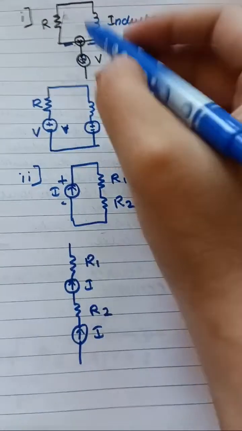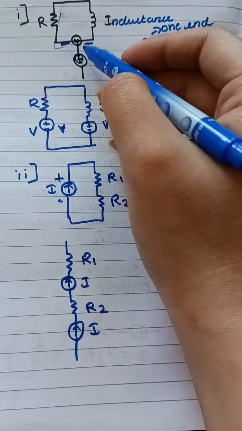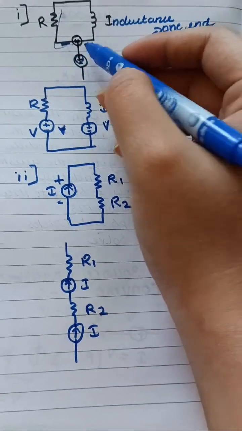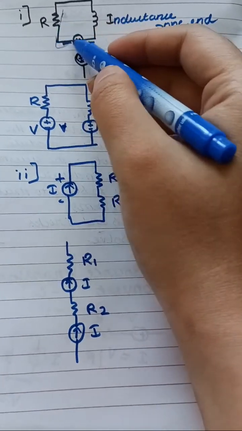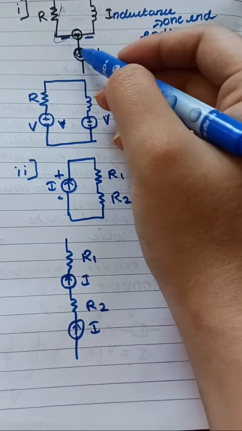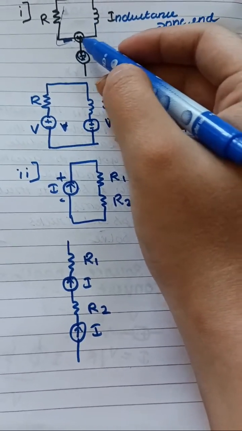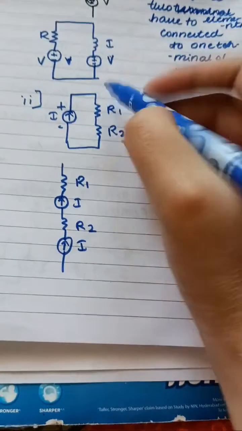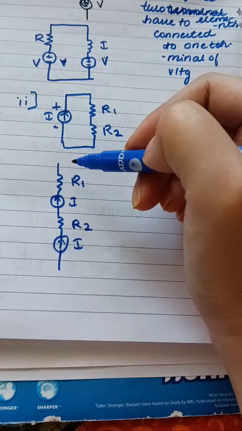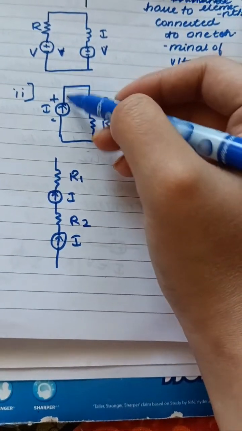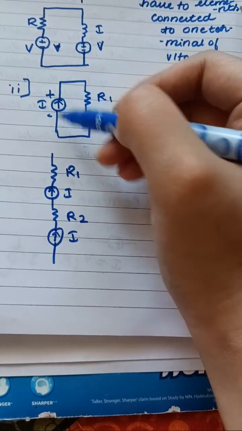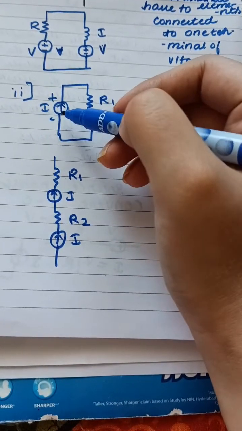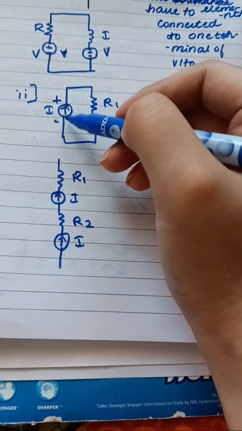But here, the two ends are connected to only one terminal, right? This end is connected to the same positive terminal of the voltage and this end is connected to the same positive terminal of the voltage. But in the current case, the two ends are connected to different terminals of the current.